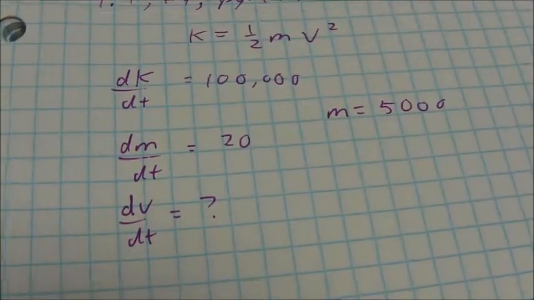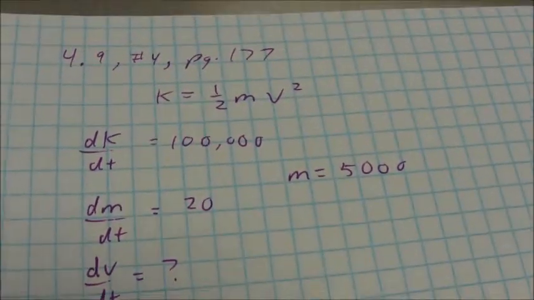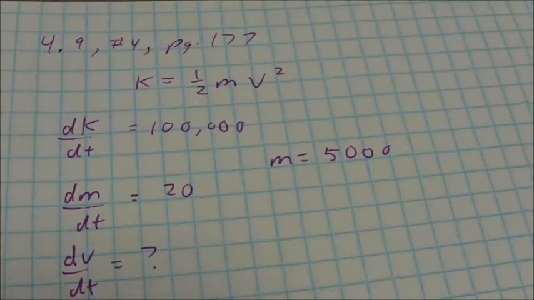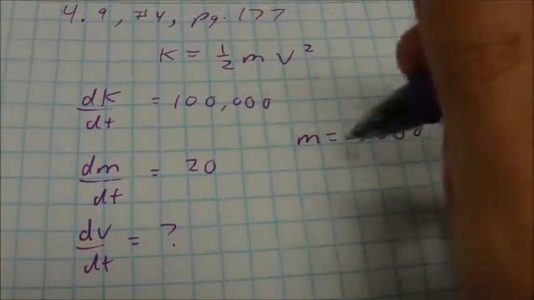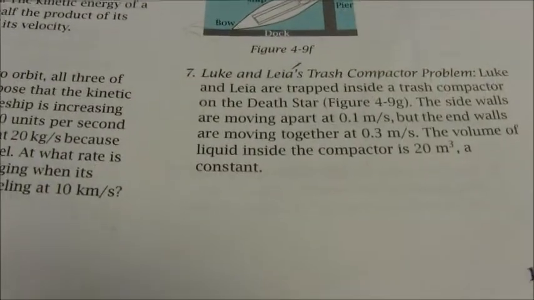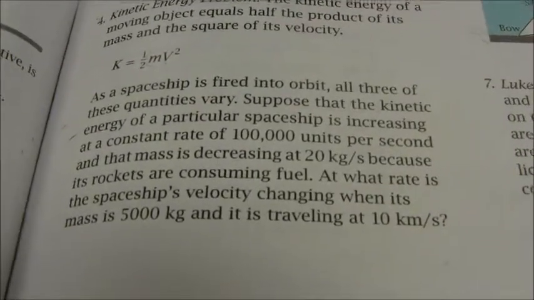Again, keep in mind I need a dK/dt, a dm/dt, and a dv/dt, so I'm not going to be able to take out a variable. And it says that it's traveling at 10 kilometers per second. That is a velocity. I think everything is in seconds and kilograms, so I don't need to do any unit conversions here.